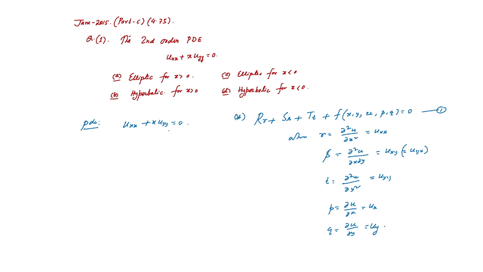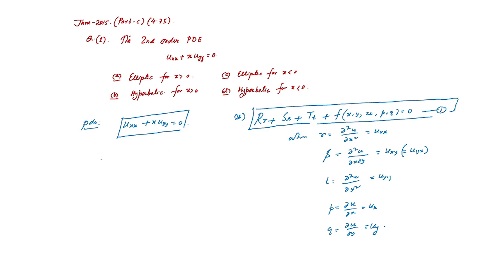So comparing this equation UXX plus X UYY with the general form, you will decide what your R is. So here capital R is basically 1. What is your S?